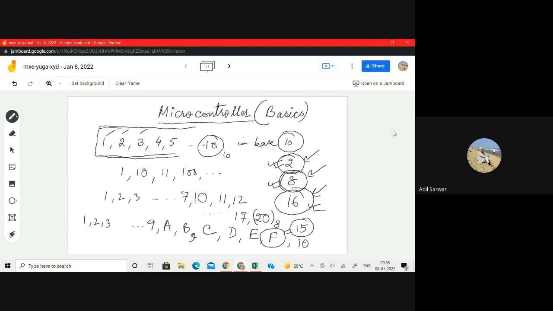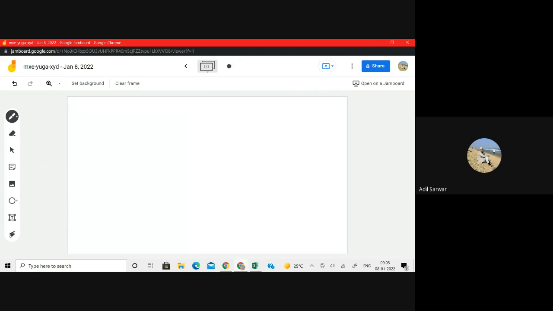I hope you know all these things. So let us quickly see some operations related to binary and hex. Say I'm trying to do some addition in binary. So say 1 0 and 1 1. This 1 0 is 2 and 1 1 is 3 in decimal format.